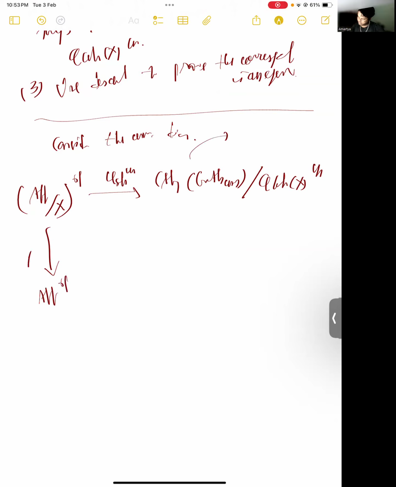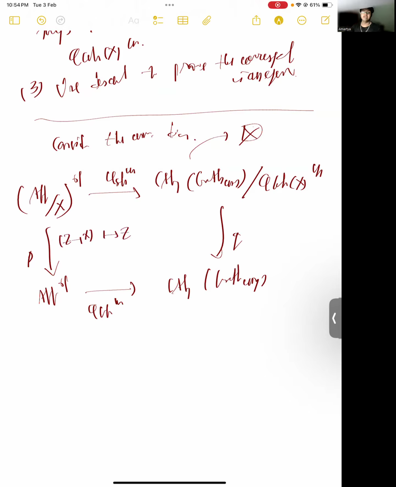Let's call this P and call this Q. Here P is basically the forgetful functor that maps Z to X, and Q is the forgetful functor from Q-comp X, C to Q-comp X, so this maps to C, of course.